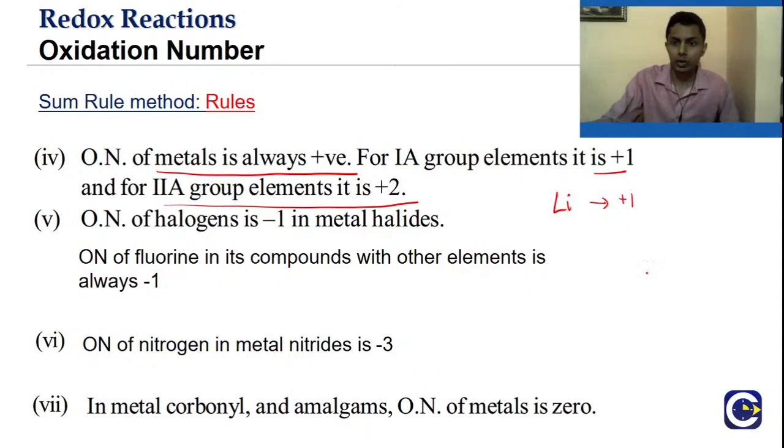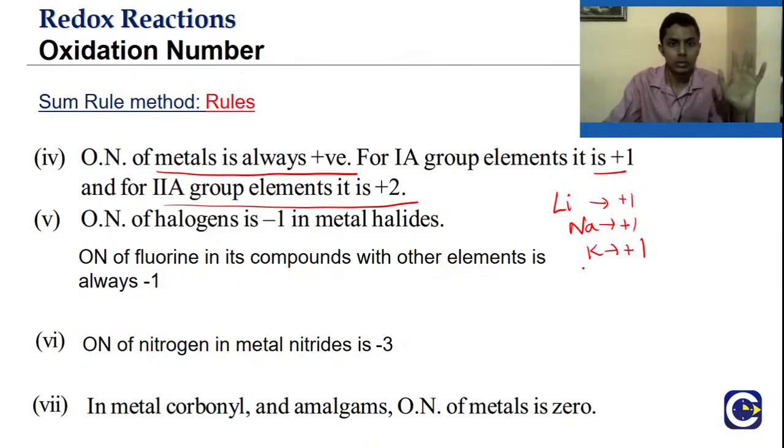Na plus 1. Then potassium plus 1. All in that line will be plus 1. Clear? And then 2A, which is beryllium, magnesium, calcium, all of them will have plus 2. Clear? So 1A elements will have oxidation number of plus 1.